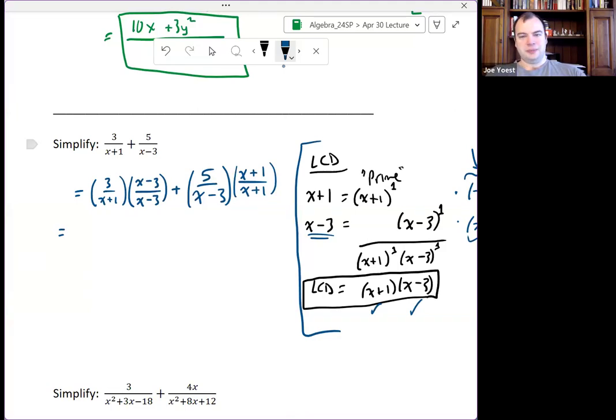Now I do the same step. I multiply before I add. So I'll take my first two fractions that are multiplied here, multiply them together. I multiply the numerators to get 3 times x minus 3. And I multiply my denominators, x plus 1 times x minus 3.